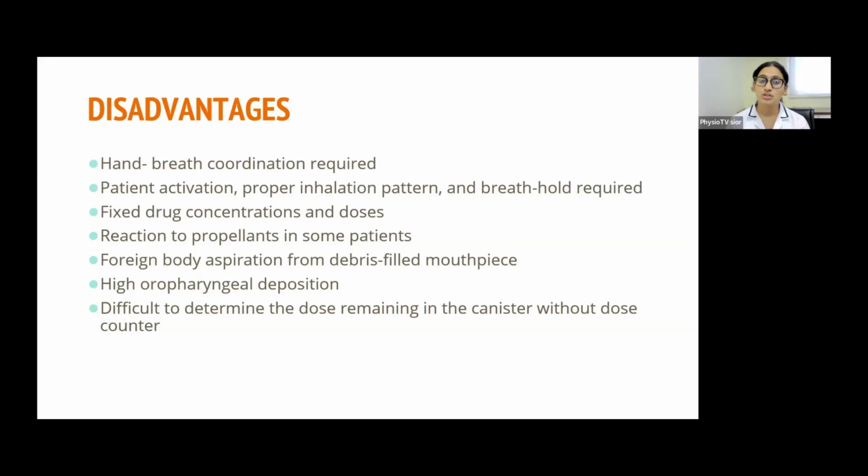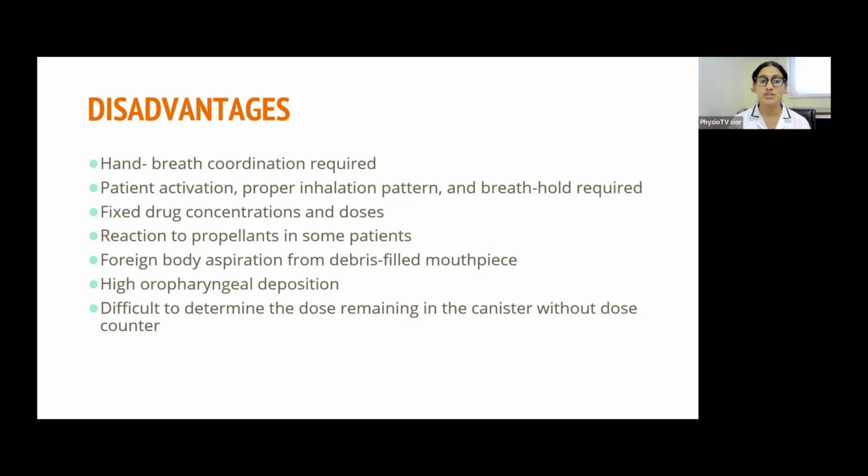A lot of patients might complain of reaction to propellants, which is used in the meter dose inhaler, which helps to propel the medication out of the device. There sometimes might be foreign body aspiration from debris-filled mouthpieces in cases when the patients do not try to clean or keep the device clean after every use.